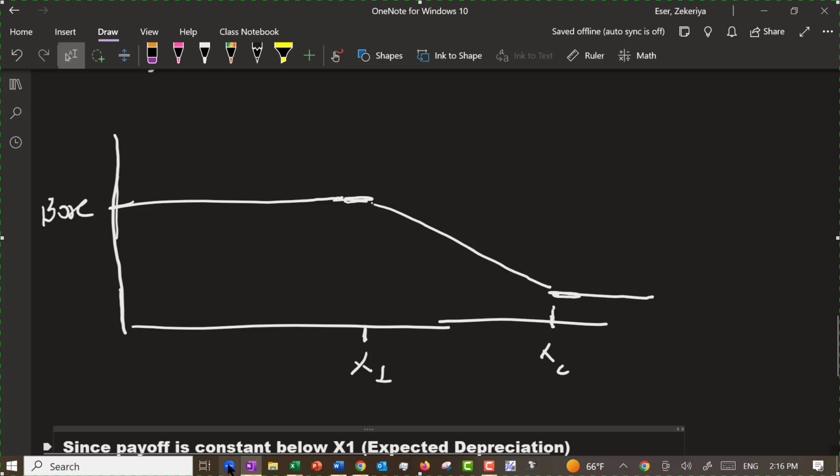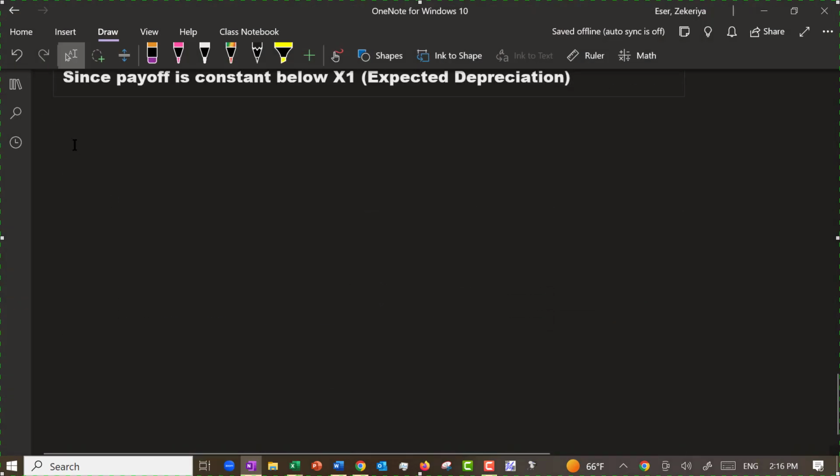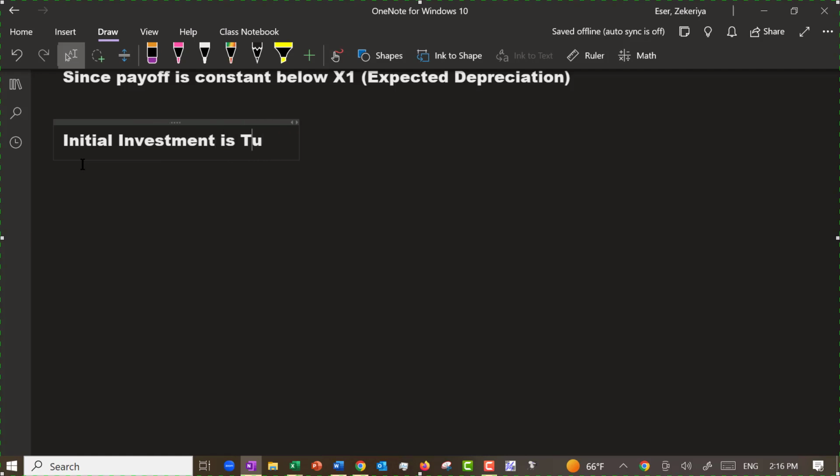So the components are: initial investment is converted to TRL by TRL denominated government bonds.